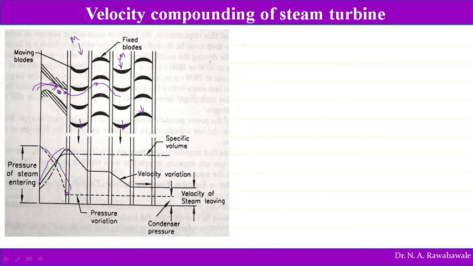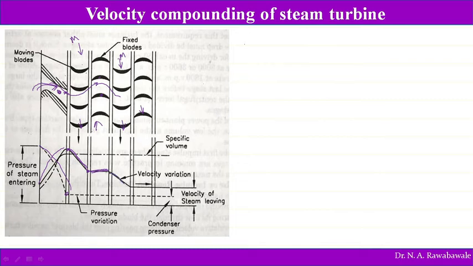The high velocity steam passes from the nozzle through the set of blade, so velocity gets reduced to some extent in the first set. Again the steam at constant velocity passes through the set of fixed blade, and then enters the next set of moving blade.